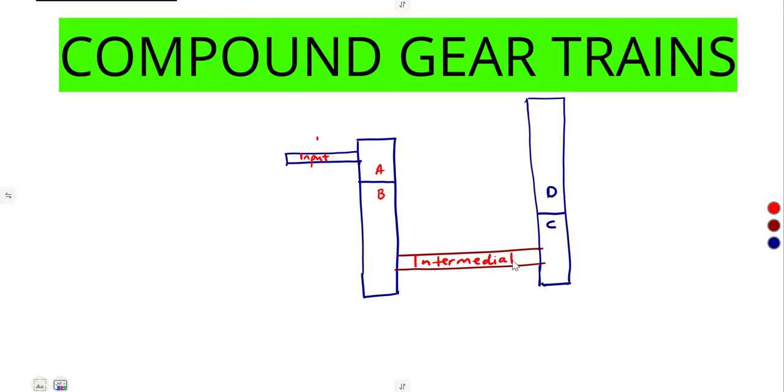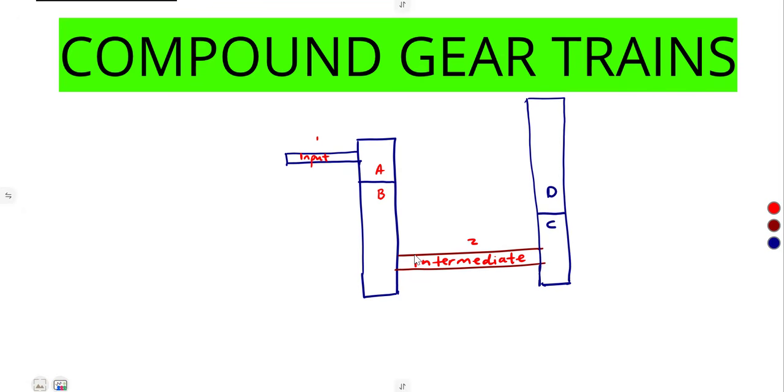This will be our condition. So if we had shaft 1 on the input, the intermediate is connecting B and C. That's our second shaft, shaft 2, connecting B and C here.